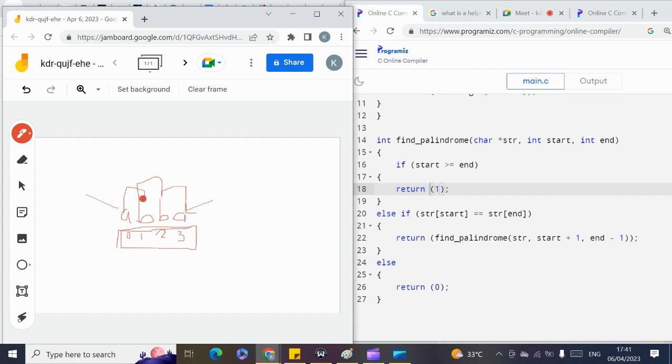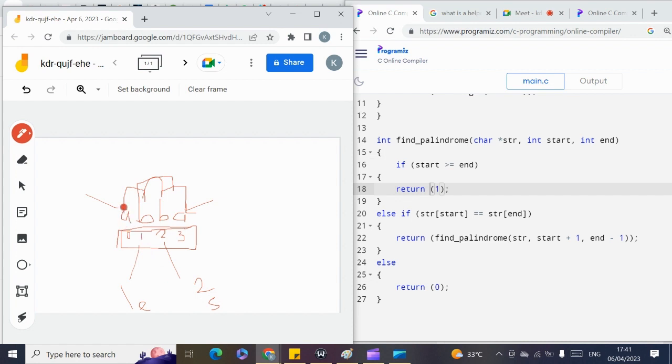So at this point, start will be 2, and end will be 1. No, start to be three. Oh no, it will be 2. Let me write it, you know, that we are moving one character at a time.